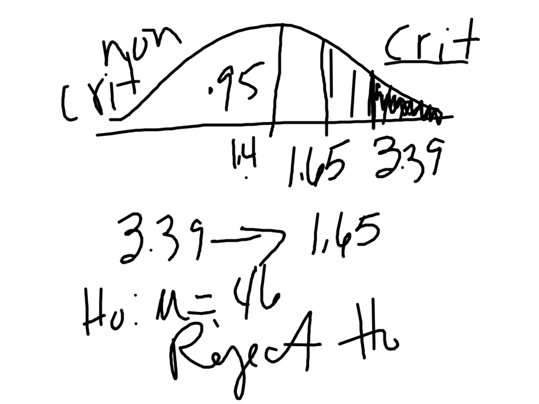So if we had got 1.4, which we know is in the non-critical region, then we would not reject the null hypothesis. We would say that the alternative hypothesis is not true. Anyway, we've rejected the null hypothesis.